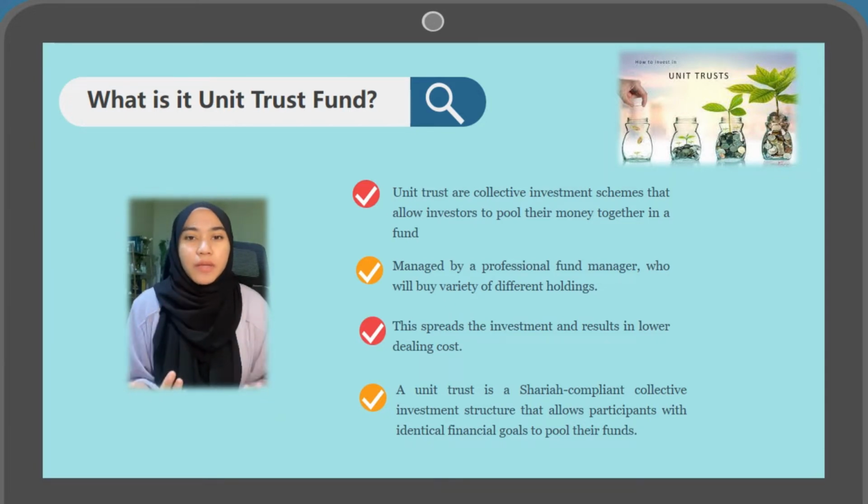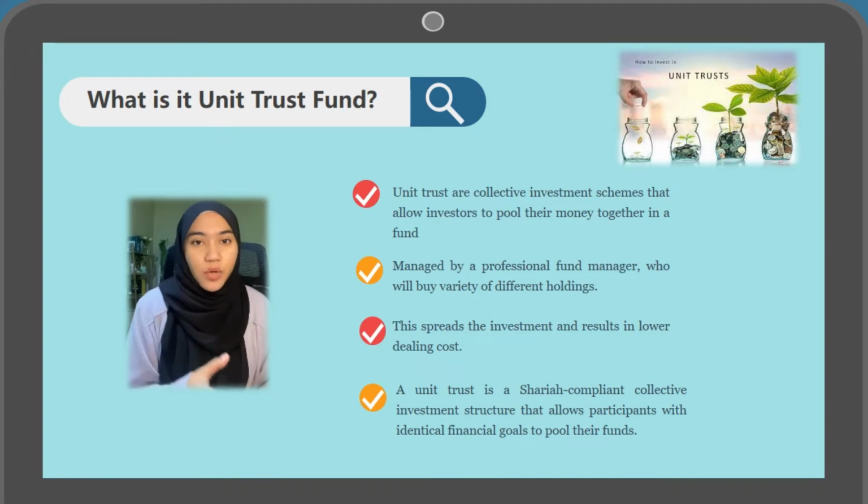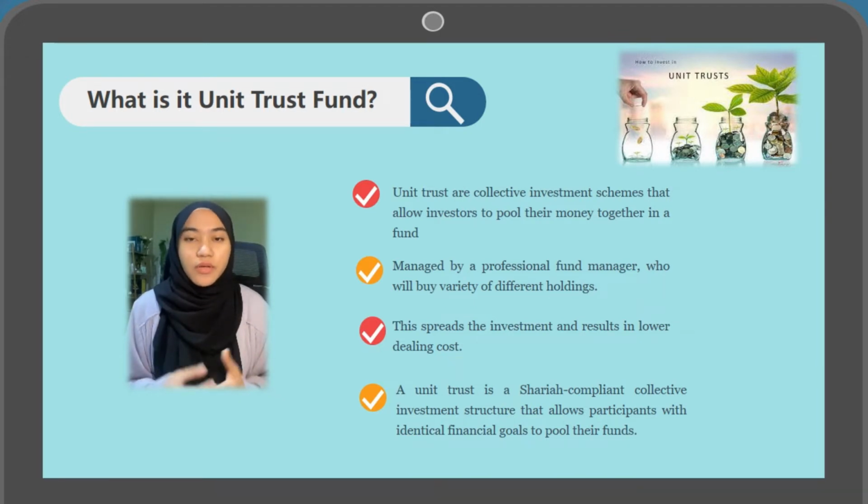They will be managed by a professional fund manager who is responsible to invest the funds into a portfolio of assets like cash, bonds and deposits, shares, real estate and even commodities. The fund is divided into small pieces called units. Investors will invest into the funds by buying up these units.